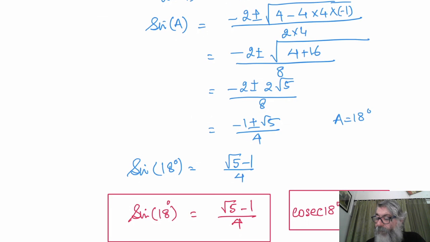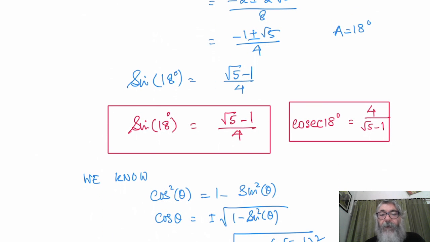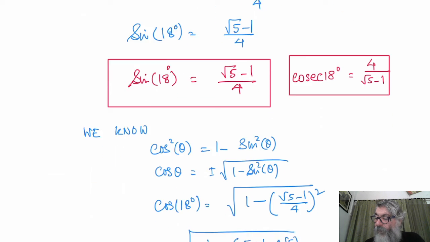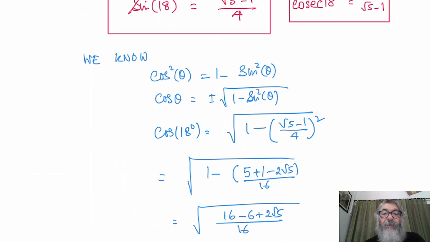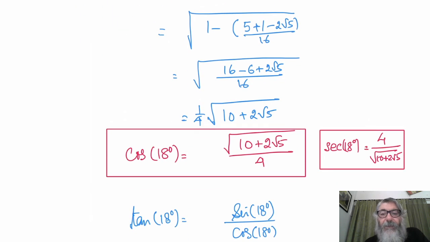Once I got sin 18, I could calculate cosec 18 by just finding the reciprocal. We knew sin 18, so I could calculate cos 18 by applying the formula, square root of 1 minus sin square theta, and I took the plus sign outside the root because 18 is an acute angle, and an acute angle is always positive in the first quadrant. So the plus sign is taken, and the value was calculated by simple calculation.